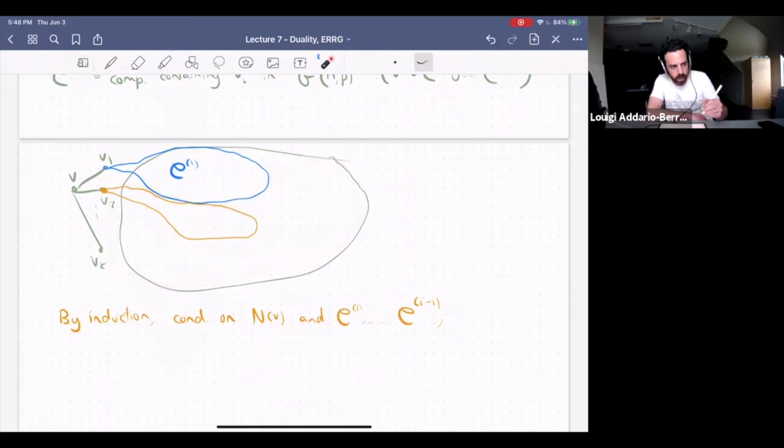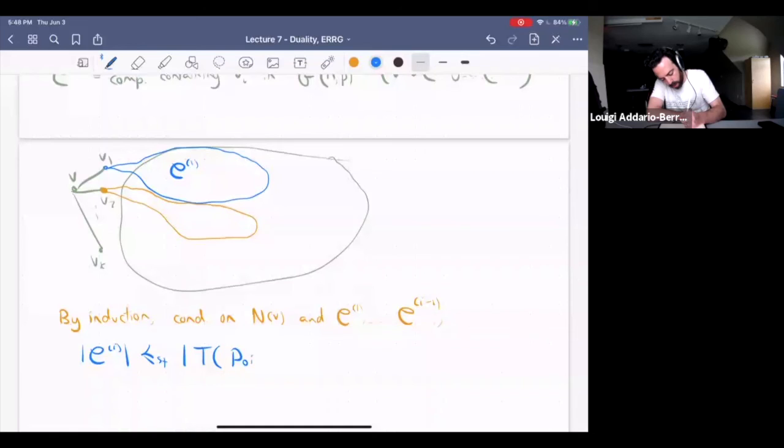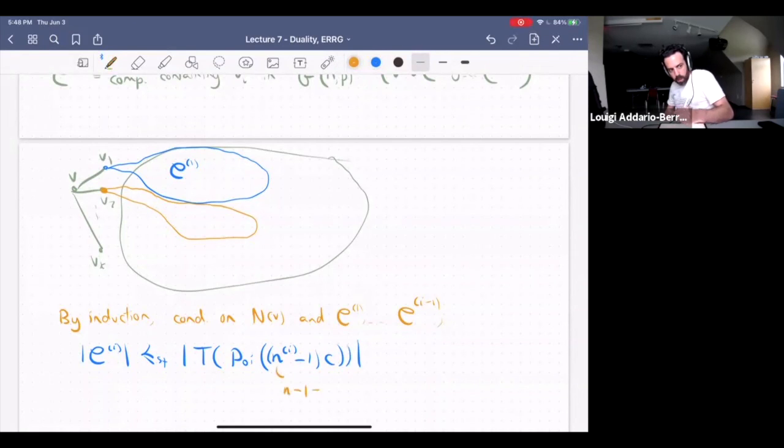So c_i is stochastically smaller than the size of a Poisson branching tree whose parameter now I'll call n_i, so n_i minus 1 times c. And this is just n minus 1 minus the size of all those previous components.